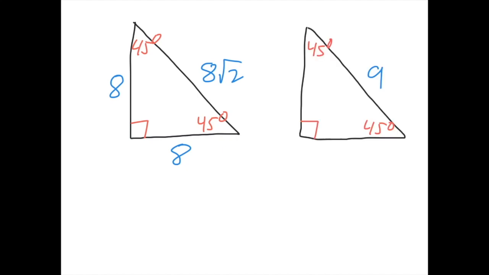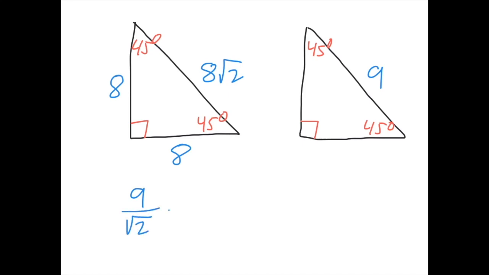Now we have another 45, 45, 90 triangle. And I'm saying the hypotenuse is 9. So, to get from the leg to the hypotenuse, we multiplied by the square root of 2. To get from the hypotenuse to the leg, we have to divide by the square root of 2. So we say 9 divided by the square root of 2.